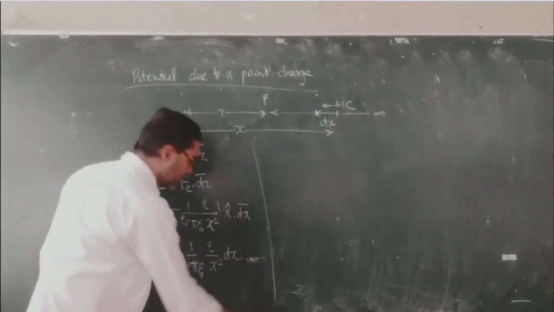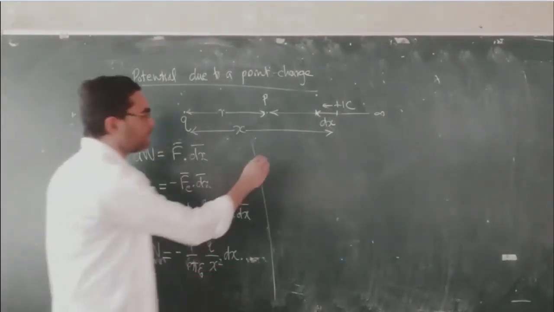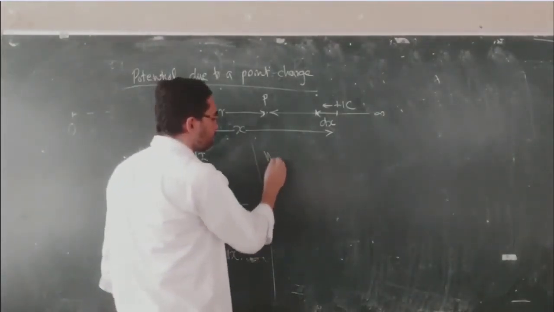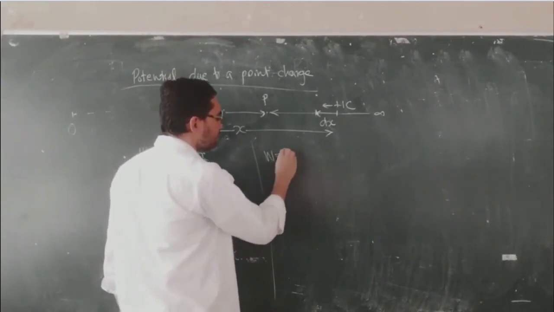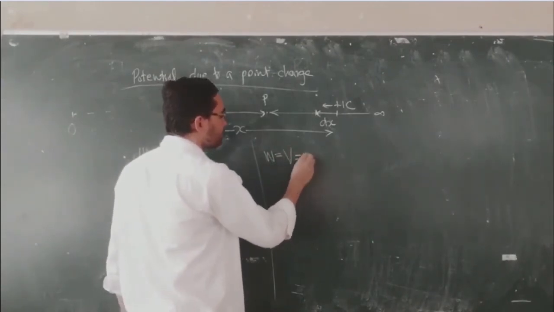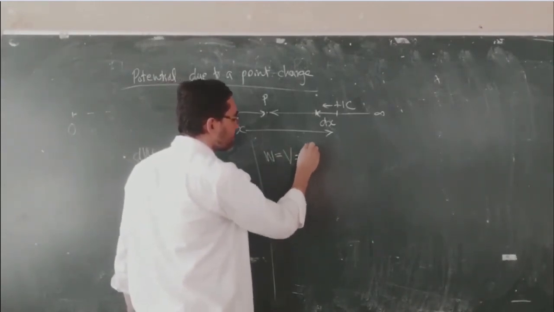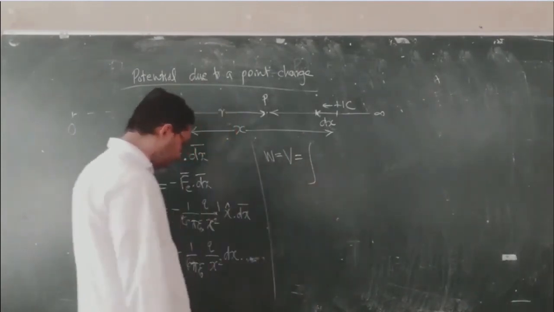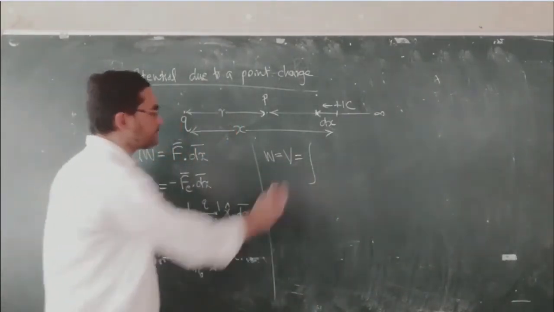So the total amount of work done, that is W, is the potential at the point. So W is equal to V, which will be equal to the integral of this expression.